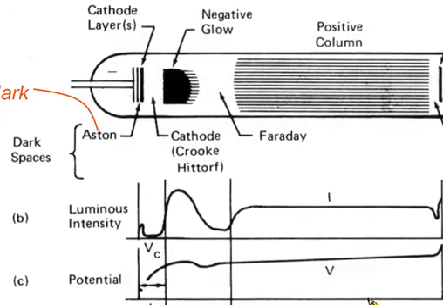And most of the potential drop exists in the cathode layer region. So when the positive ion, the cation, travels, it will be attracted by the negative potential.